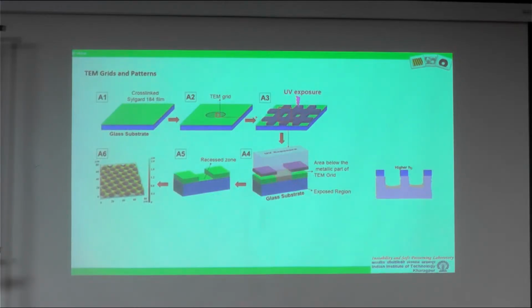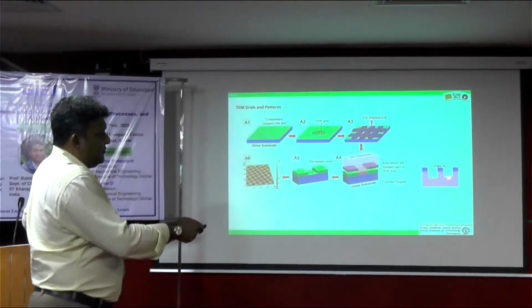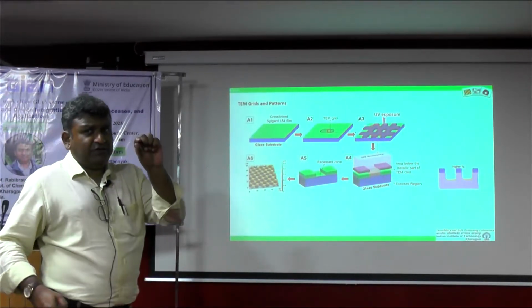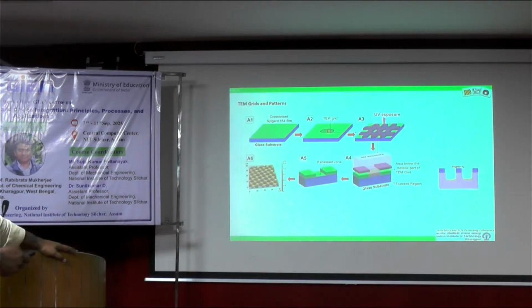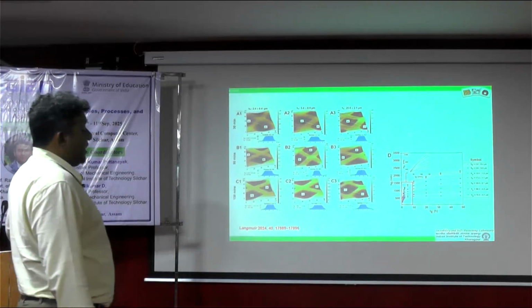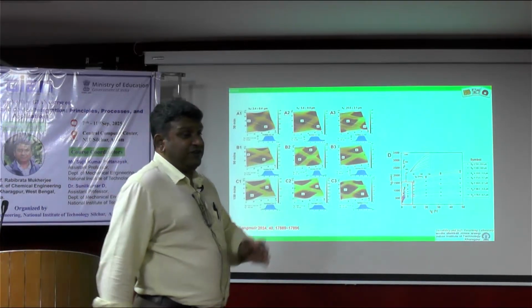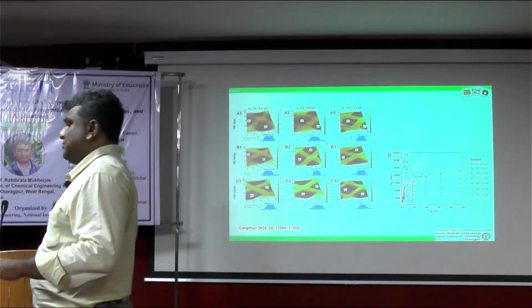Basically, if you see over here, the areas below the unexposed areas have an oxide layer formation, which is also associated with a volume compaction, presented in the form of these features. What we did was we took films of different thickness, and to everybody's surprise, nobody expected this to happen.